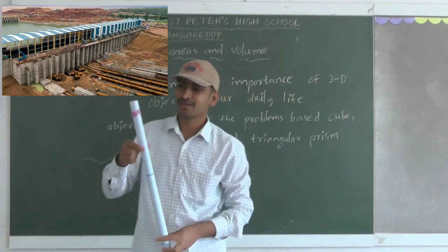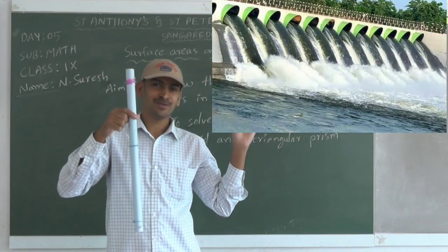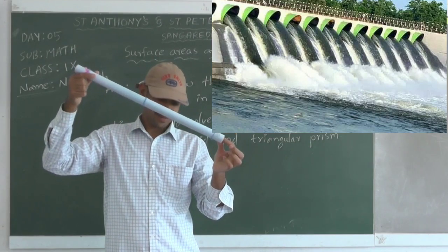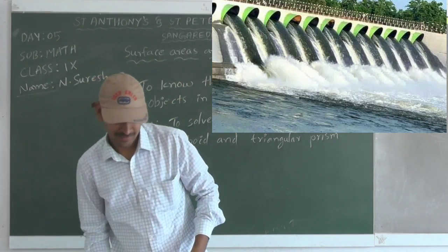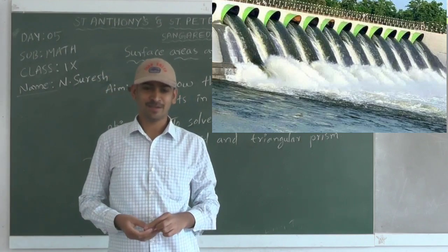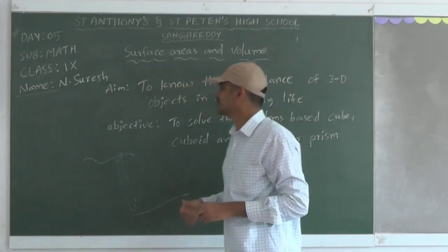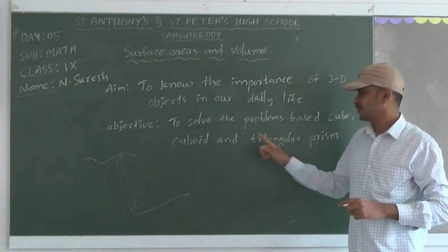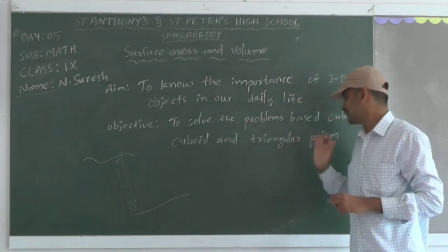To take water from Bhupalpalli to Sangareddy or Singur project, we require this many pipes. So in the irrigation department geometry has a lot of importance. Now our objective is to solve problems based on cube, cuboid and triangular prism.